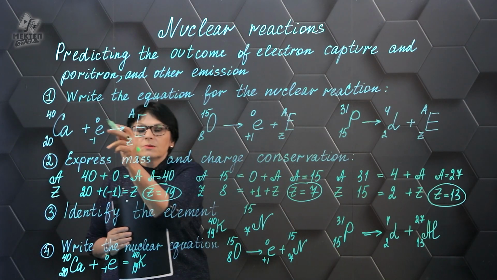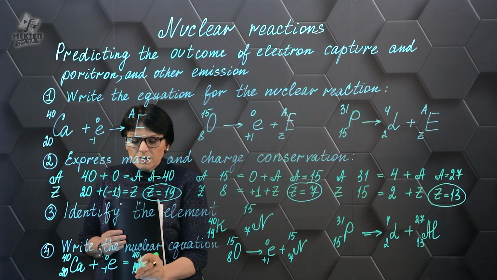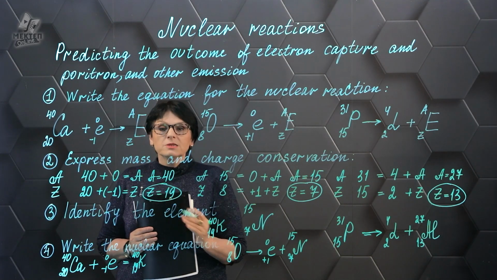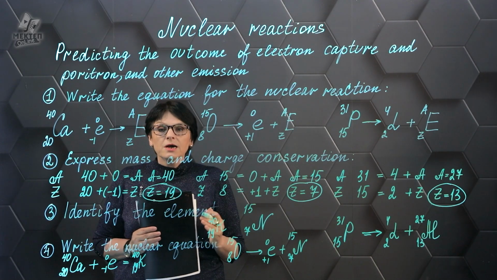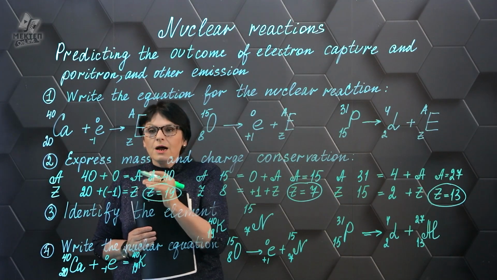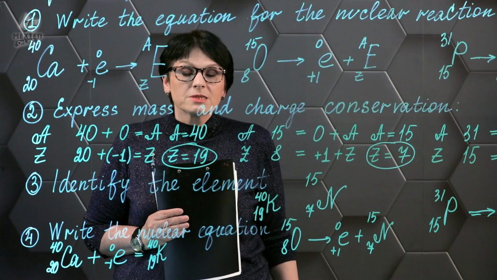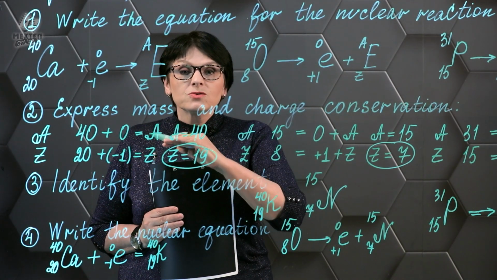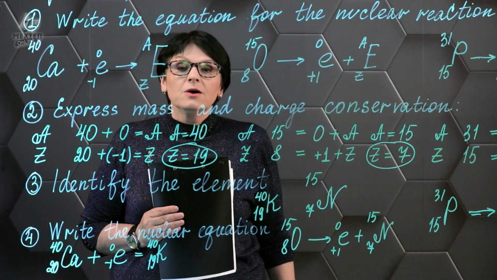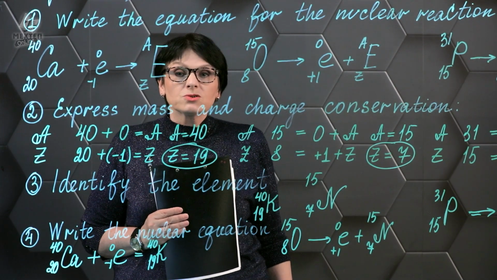If there is, for example, an electron capture, then the element moves 1 cell backwards in the periodic table. And if on the contrary an electron is captured, that is beta decay with the help of electrons takes place, then the element would move 1 cell forward. This is how you can predict what the results of nuclear processes will be.